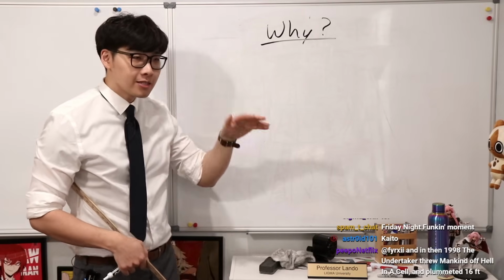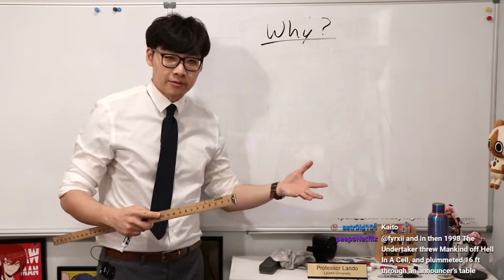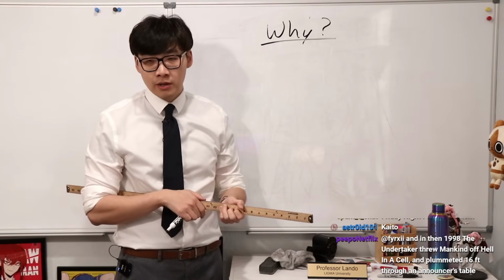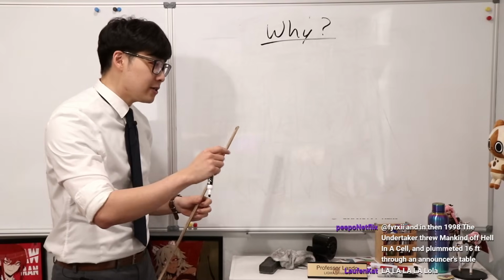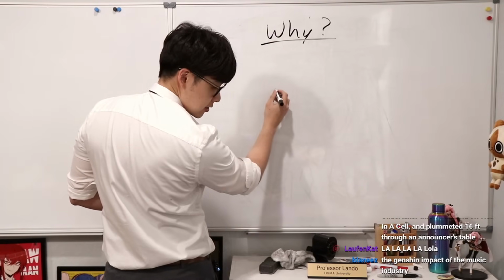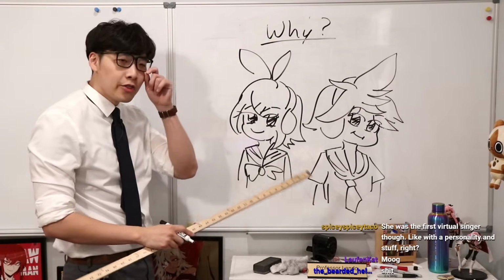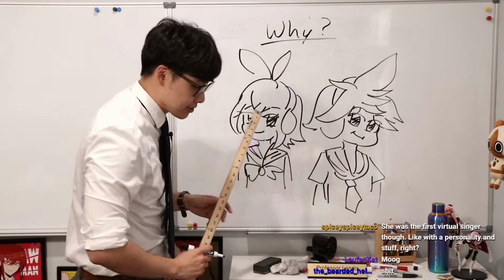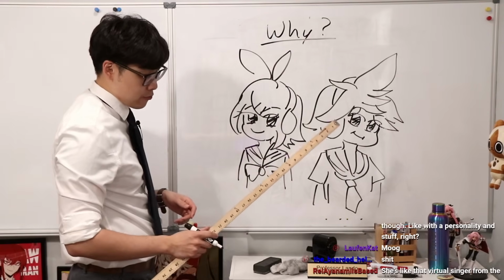But somewhere along the line, they decided to attribute a full character to it, the visage of Hatsune Miku. And that's where it started to spiral. When they attributed a more fleshed out character, just for reference, let me draw some. So these are examples of two other virtual singers. Their names are Kagamine Rin and Ren.